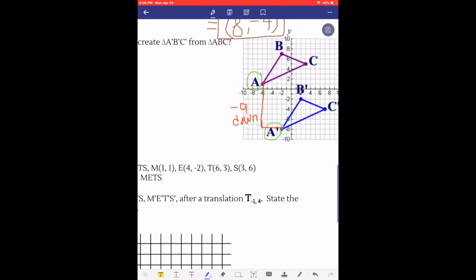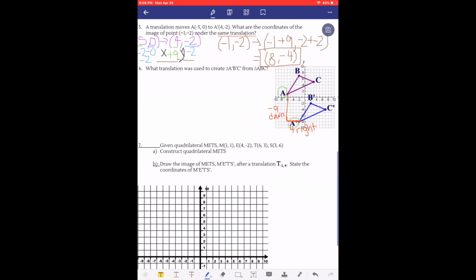And then the point here, it went to the right. How many did it go to the right? Count, it goes 4 to the right. And when we go to the right, it's always a positive number. So what was the translation? The translation, I'd make that big T. My x always comes first.